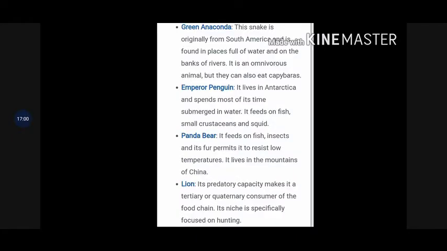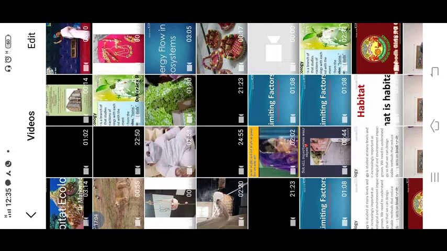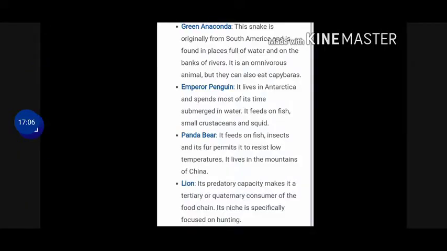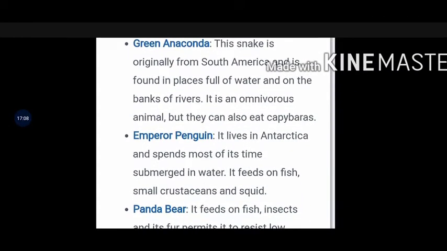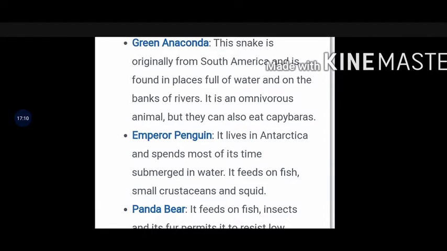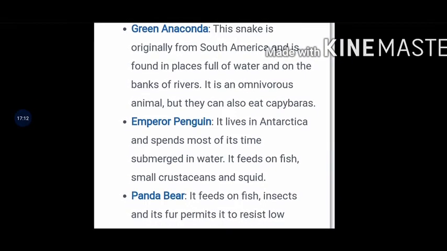Another example is the green anaconda. This snake is originally from South America and found in places full of water and on the banks of rivers.